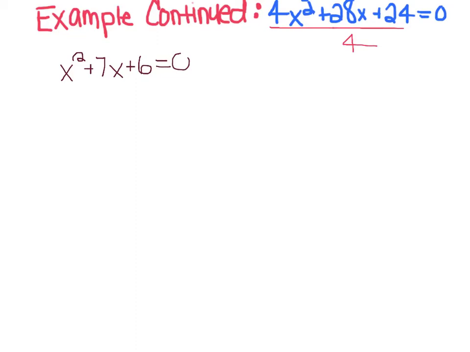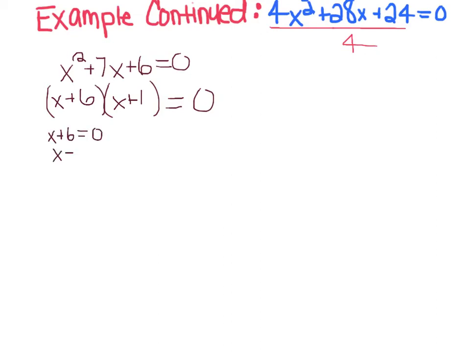Once again we're able to factor. We can factor this into x plus 6 times the quantity x plus 1. Once again, setting each of these quantities equal to 0, x plus 6 equals 0 gives x equals negative 6. And when x plus 1 equals 0, we have x equals negative 1.